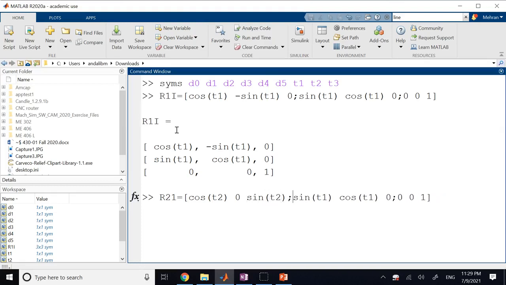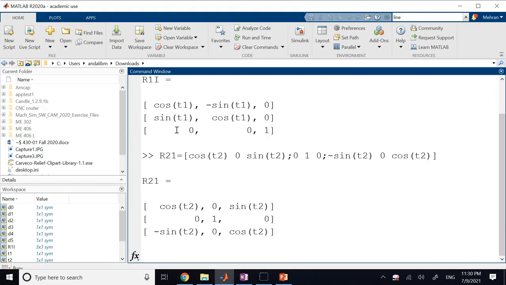And then you have 0, 1, 0, and then negative sine of T2, a 0 and cosine of T2. So it is like this. And finally you have R32, which is just like this. It's a y rotation, but the angle is T3, theta 3.